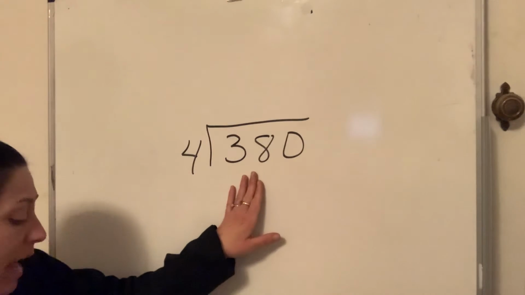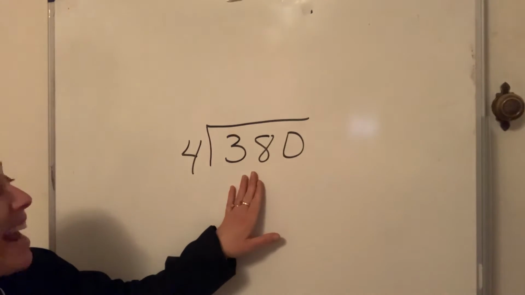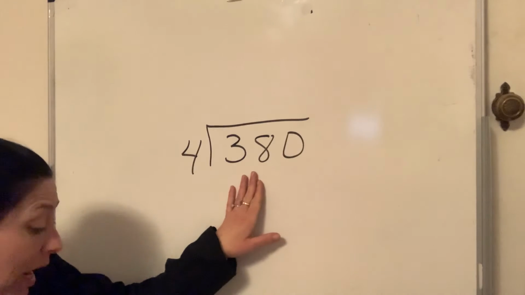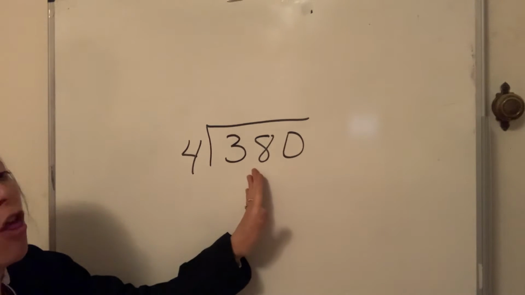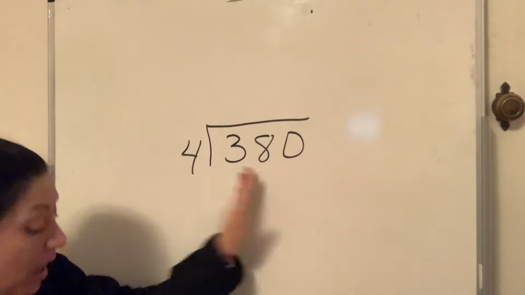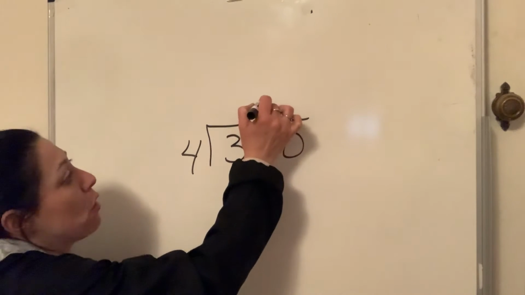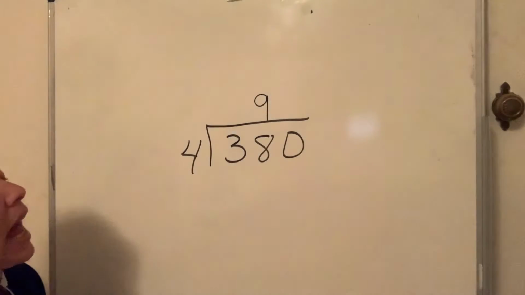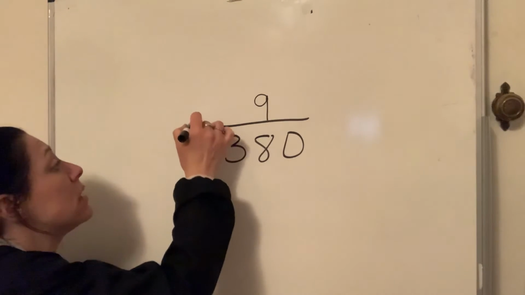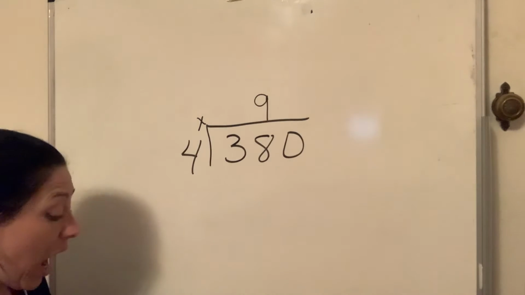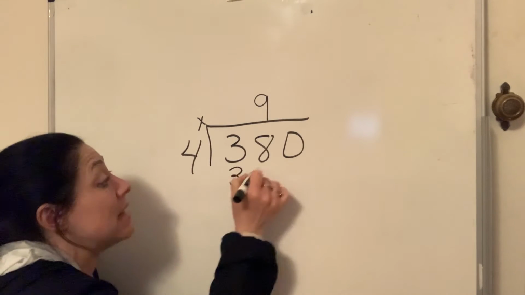So now I'm looking at the number 38. How many times does 4 go into 38? And I think 4 goes into 38 9 times. So if I take 4 times 9, I get 36.